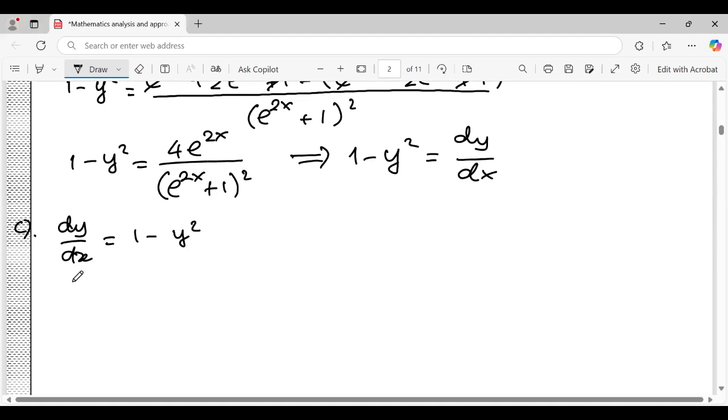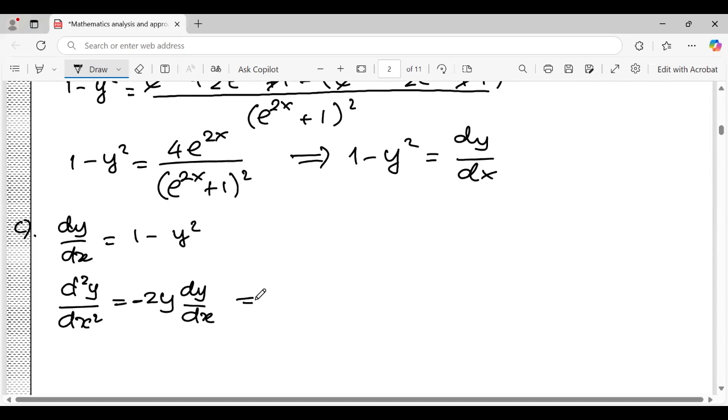Now we are going to use implicit differentiation to find the second derivative. It becomes 0, and based on implicit differentiation, this is 2y dy/dx, minus because it is minus.